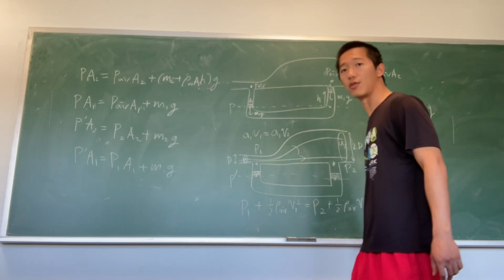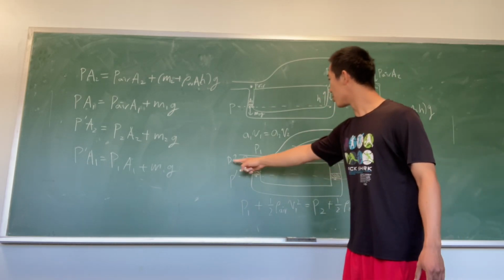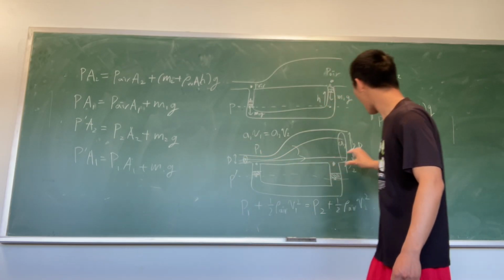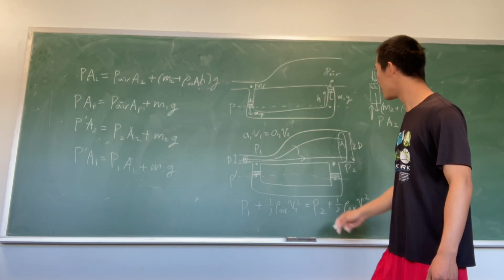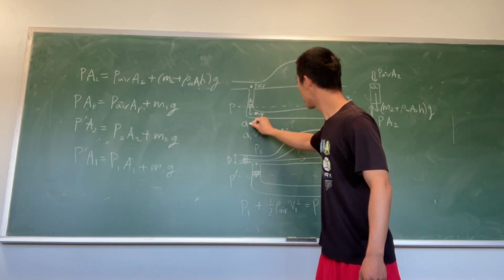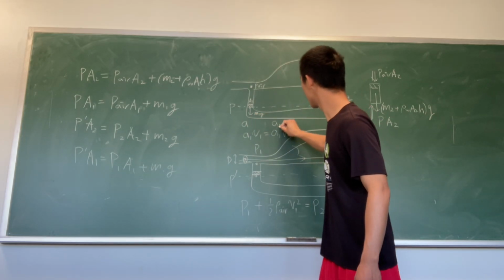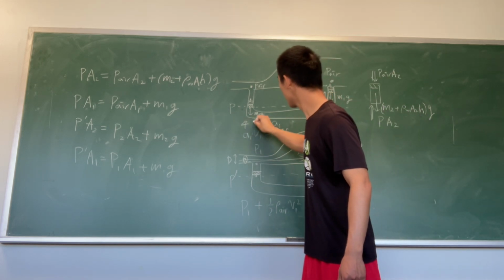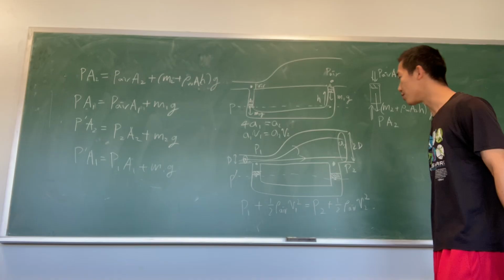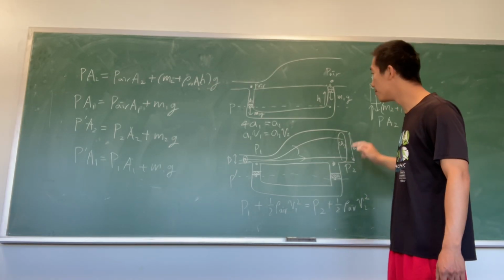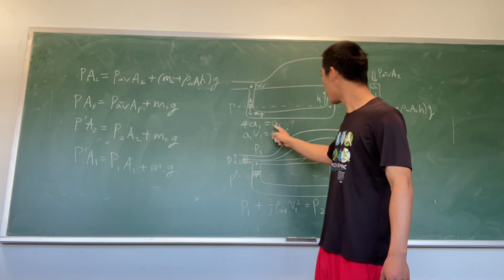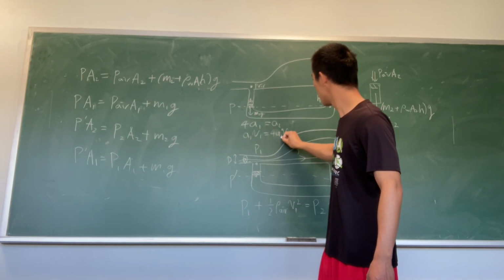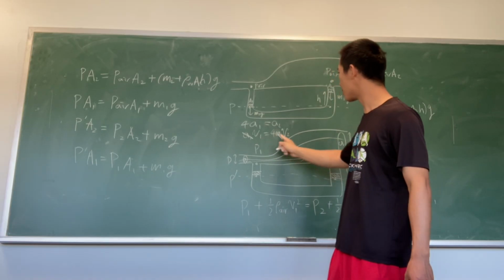That is the continuity equation. Now, because the diameter here is half of the diameter here, this means A2 is 4 times bigger than A1 because the area is proportional to diameter squared. So if A2 is 4 times bigger than A1, I can replace it by 4A1, cancel A1, and I get V1 is 4V2.